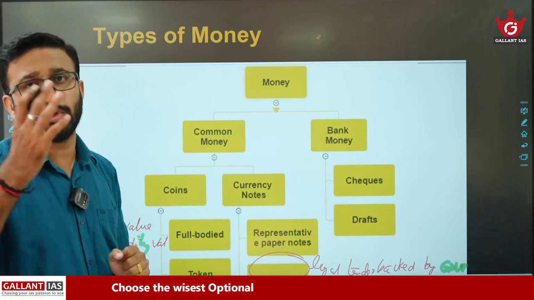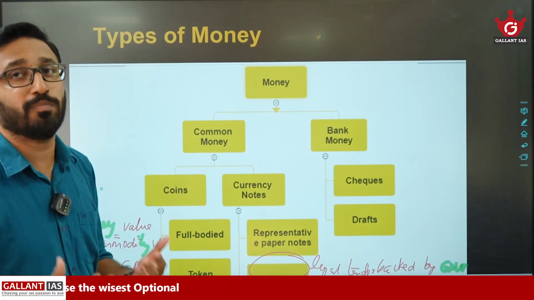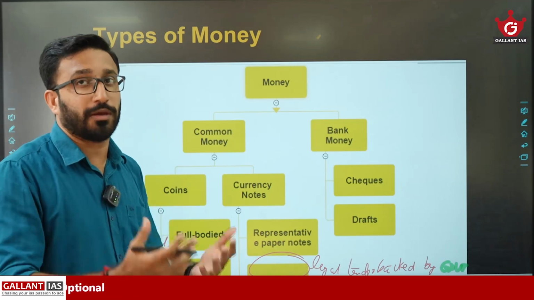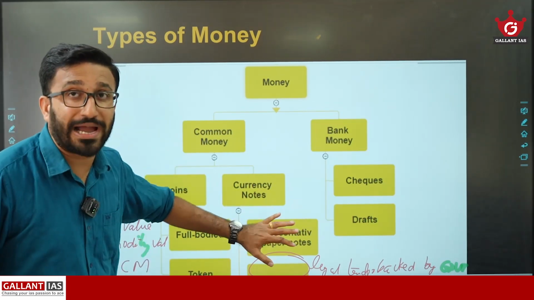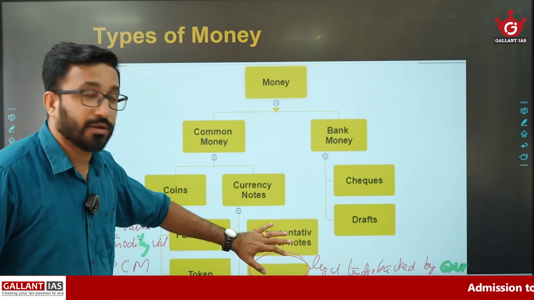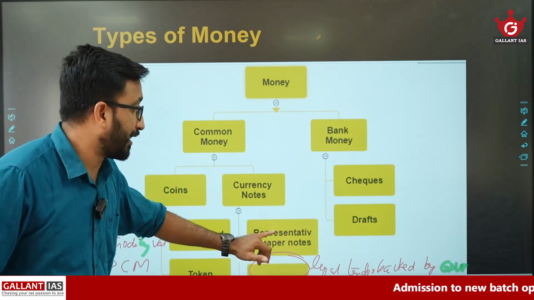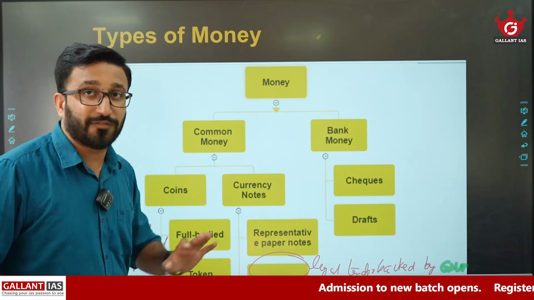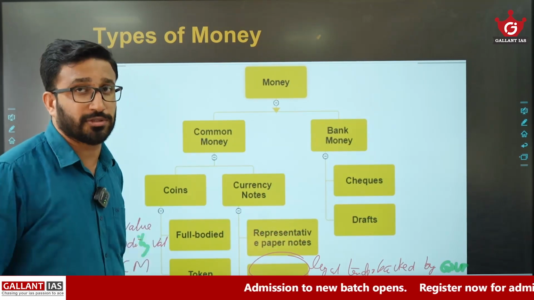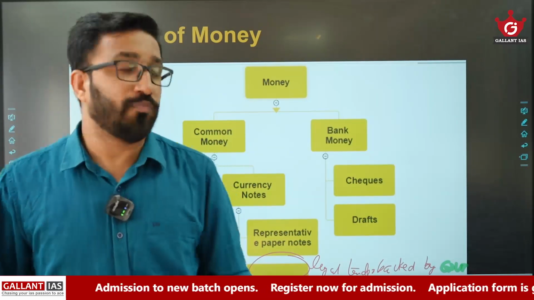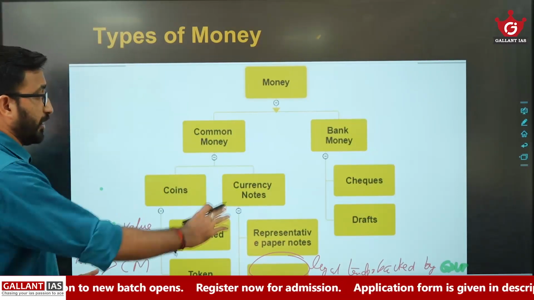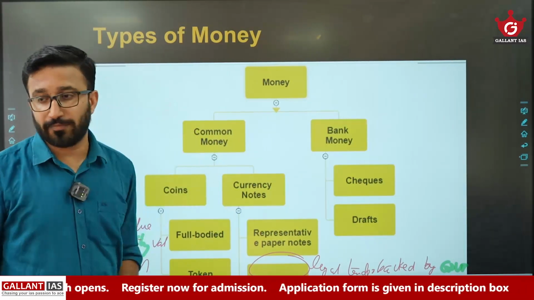A commodity, usually gold, will be used to back an issuance of a rupee. So if a commodity is used to back the money, then it is representative paper notes. If the government is backing the issuance of that money, then it will be considered fiat money. So these are the different types of currency money.